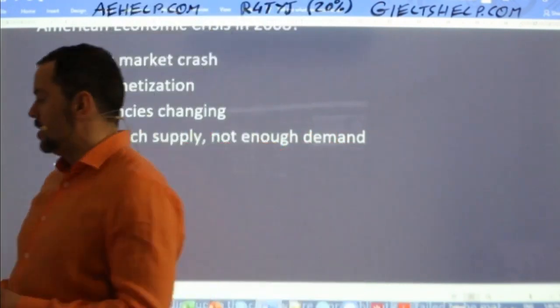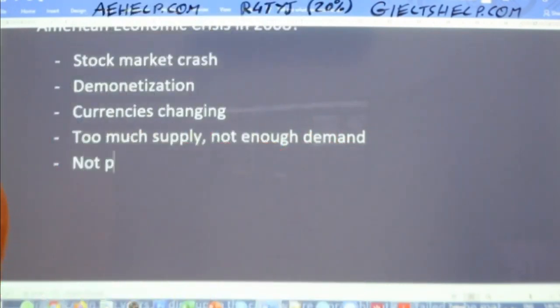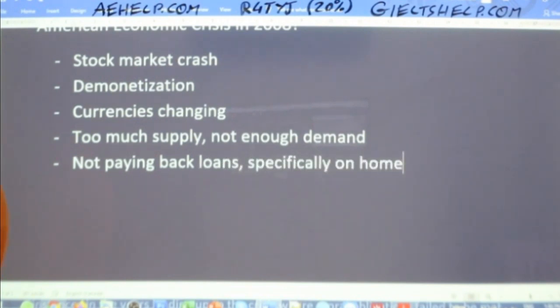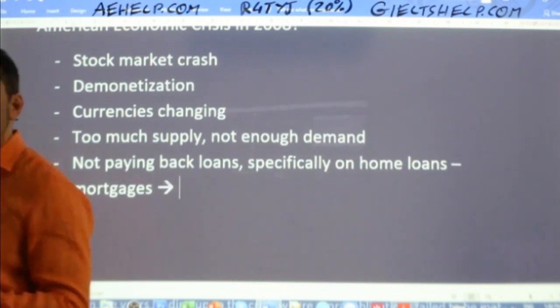So not paying back loans, specifically on home loans, which are known as mortgages, right? Okay, so now you have a good thought. Stay with it, okay, students?